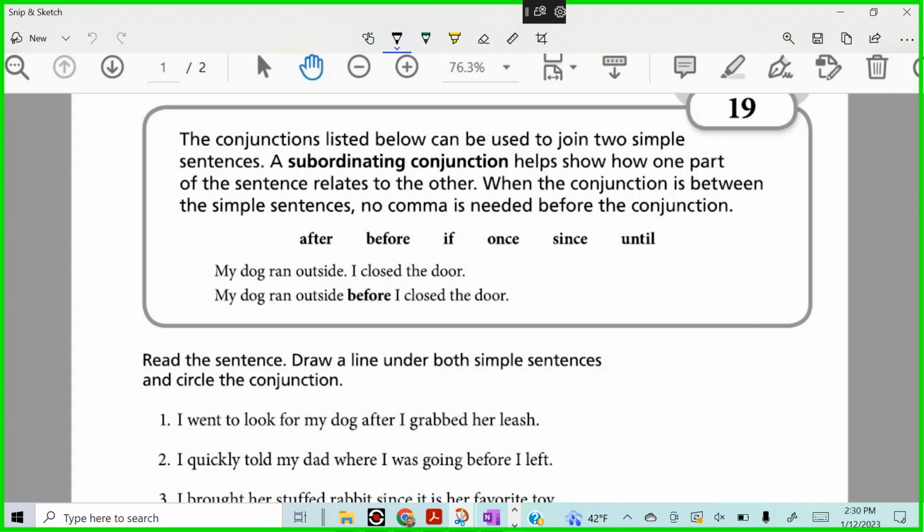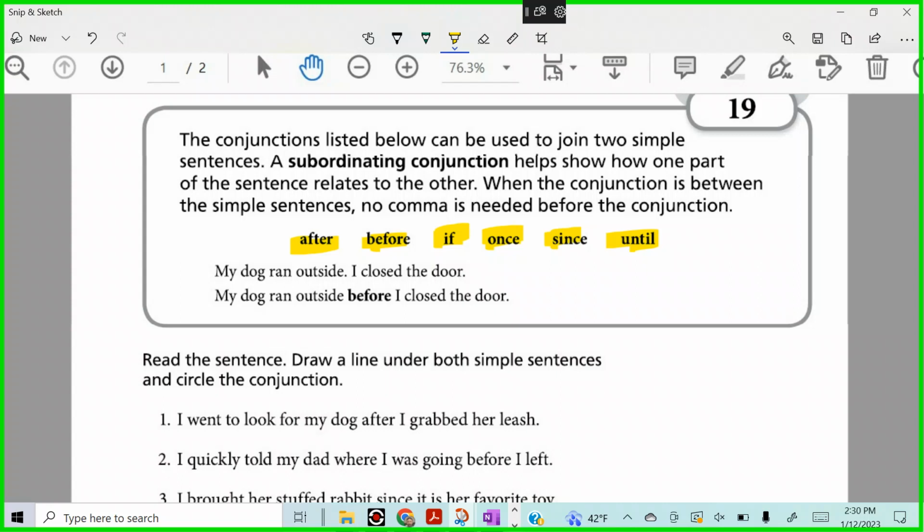But then there's another way that you can have a fragment, and that is when you have a dependent clause, right? So when one of these subordinating conjunctions is at the beginning of a sentence, what you have is a dependent clause, right?